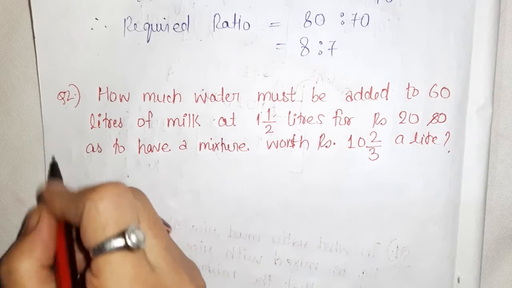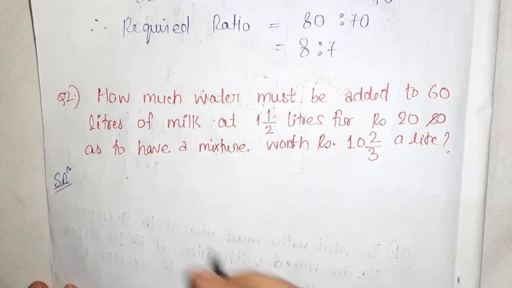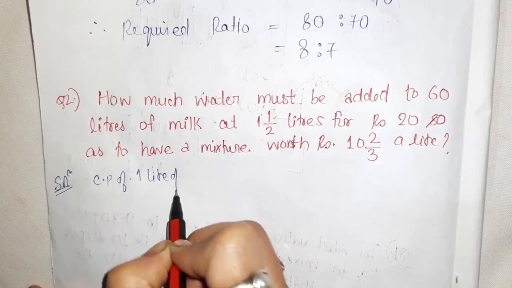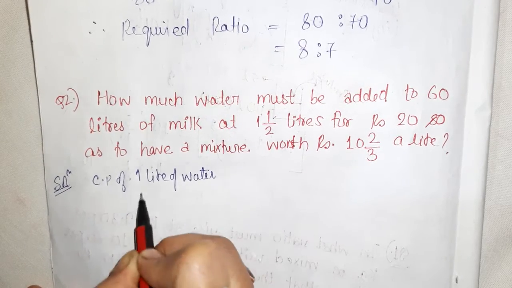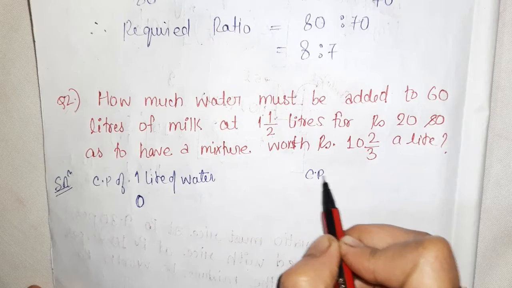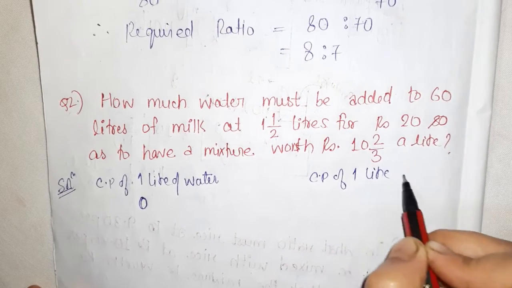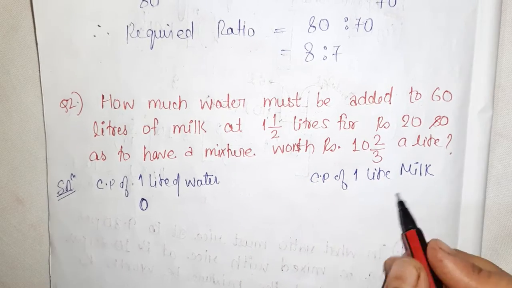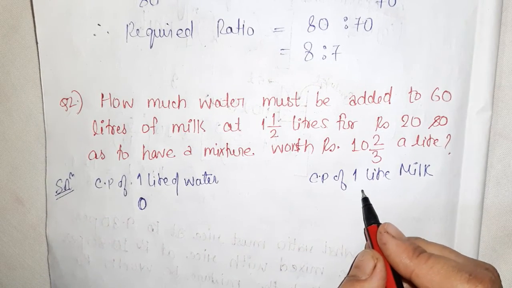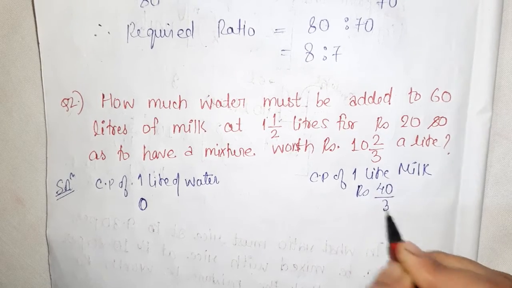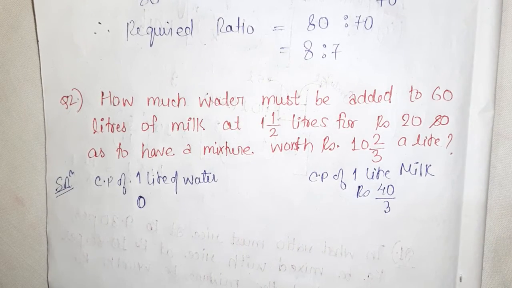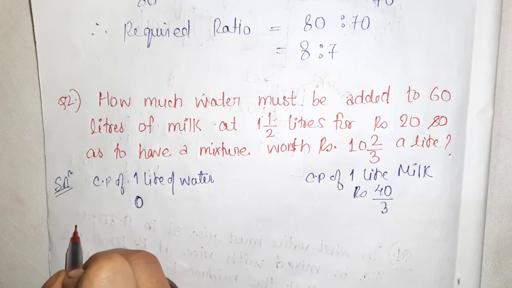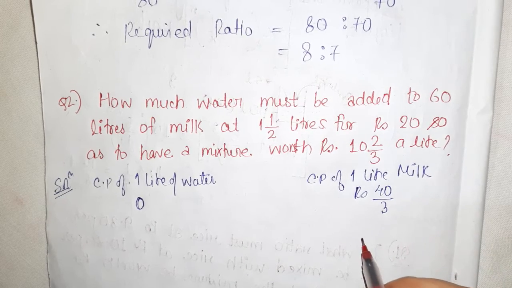So here we use the alligation again. So we write the cost price of 1 liter of water. It is not given, so we take it as 0. And the cost price of 1 liter of milk. So if 1.5 liters is for rupees 20, then your 1 liter will cost rupees 40/3. You can find it by your unitary method, right? I will show you later on.